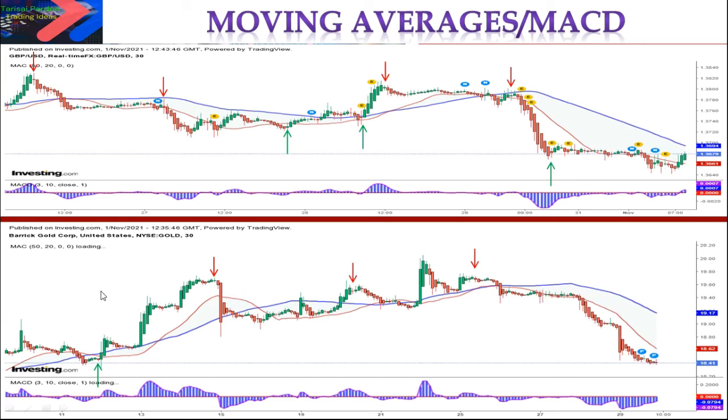Looking at Barrick Gold again, on this chart we see that when the price was trading above the moving averages, we have strong green candles indicating that the trend is bullish, and this is also supported by the MACD, where the histogram is above 0 and increasing most of the time.